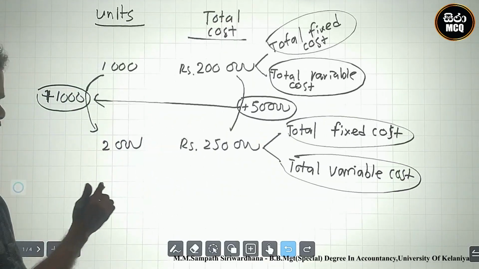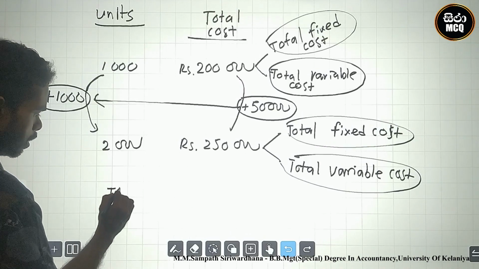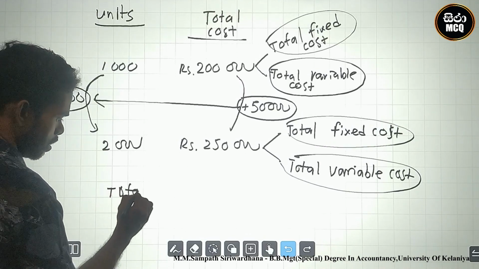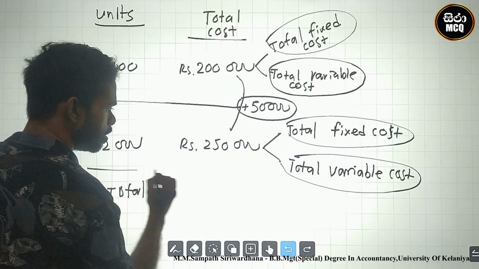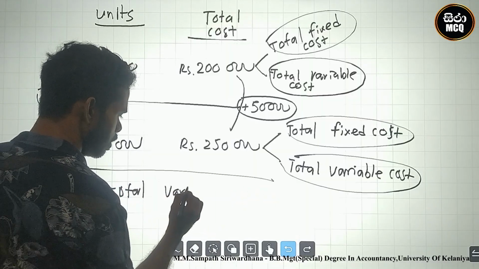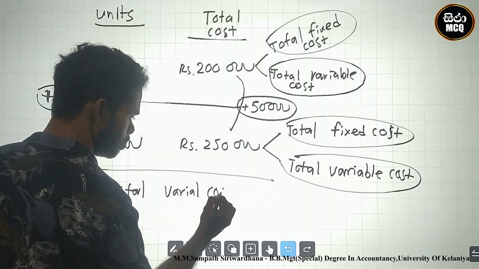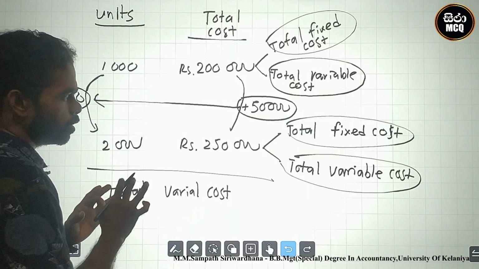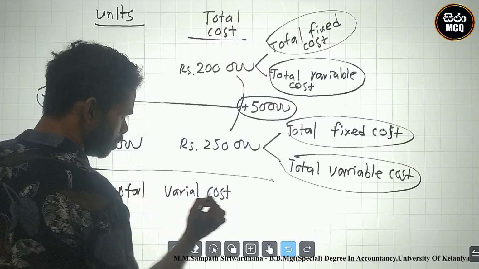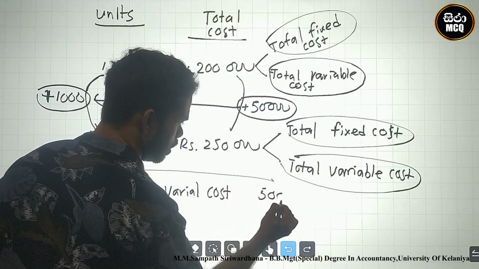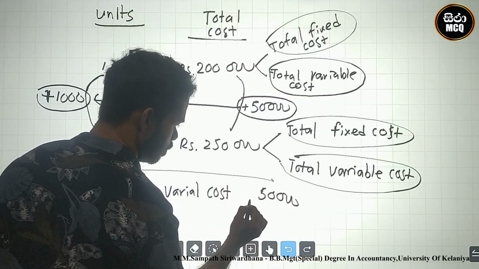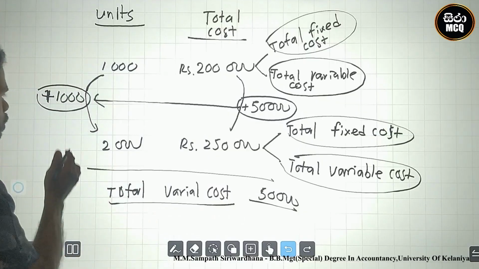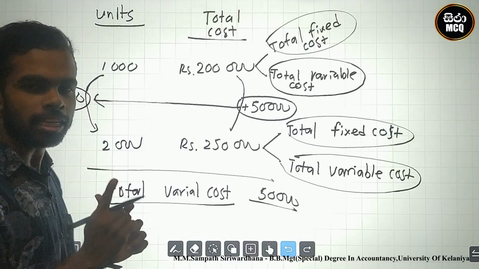Therefore, this is total variable cost. The gap, the total variable cost movement, is 50,000 relating to the 1000 units variation.